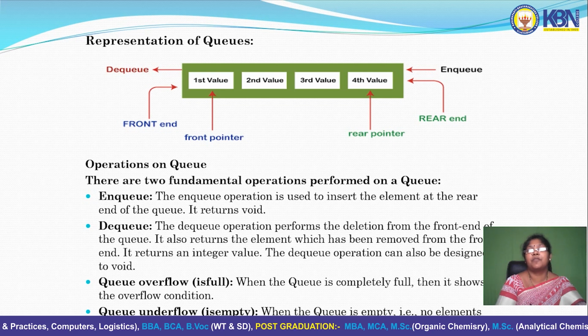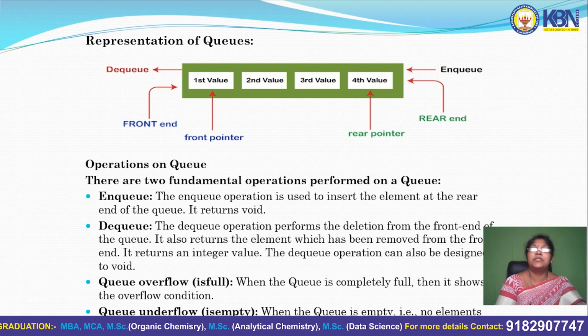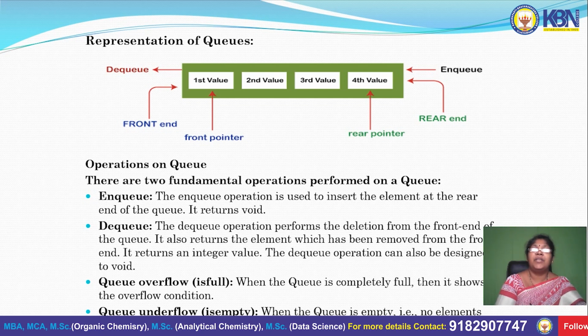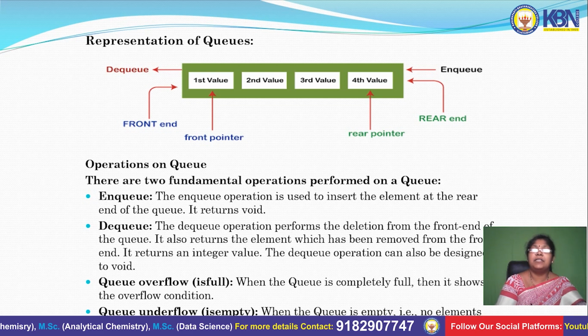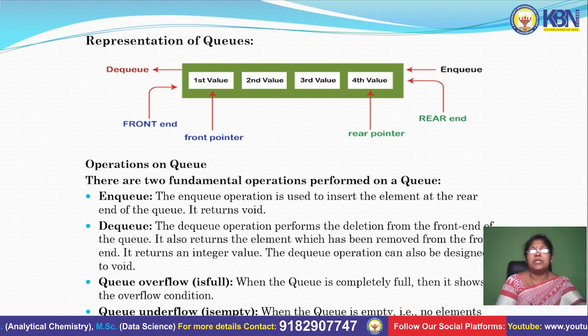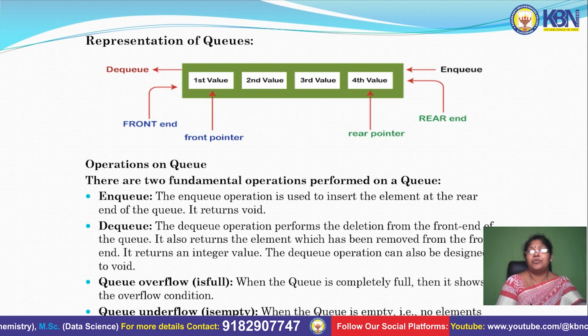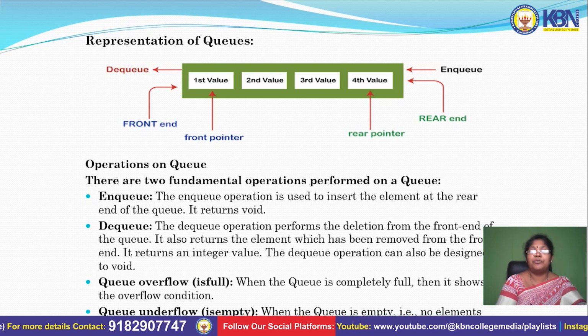See the representation of queues. We call it DQ for deletion at the front end, and NQ at the rear end. DQ and NQ: first element, second element, third element, fourth element. We can delete the first element first and the second element the second time. Now see the operations on the queue: NQ, DQ, queue overflow and queue underflow.